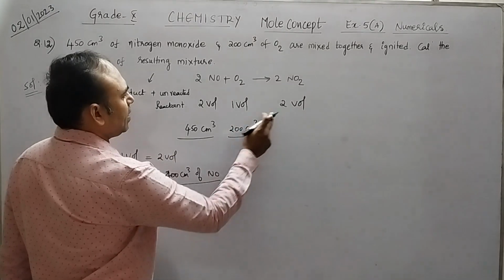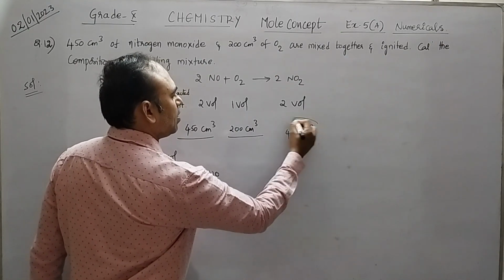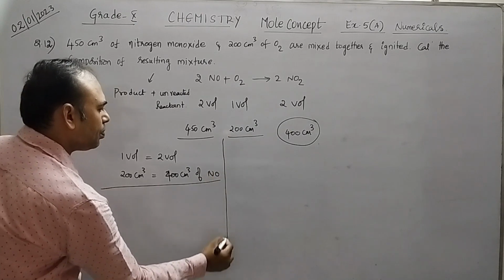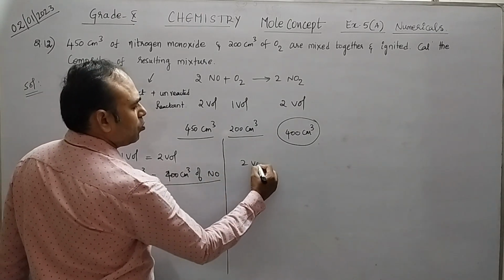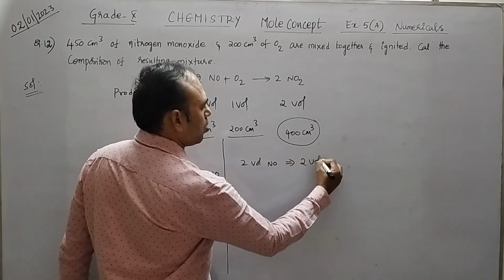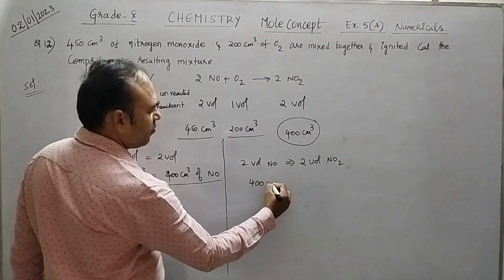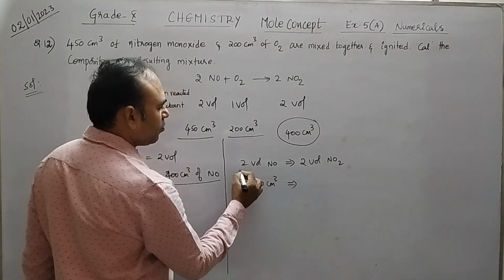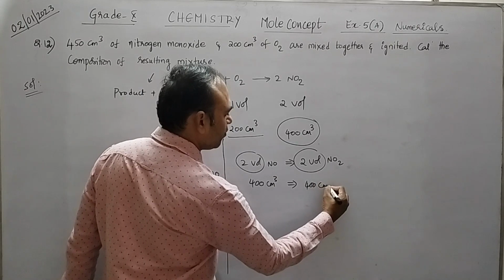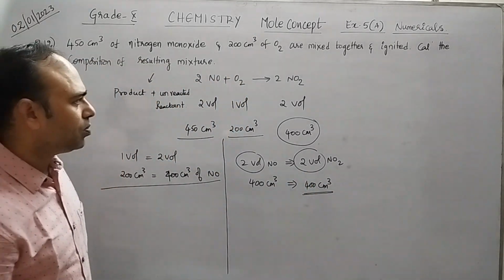And here again 2 volume, so how much will you get? 400 centimeter cube. That also can be calculated like this: 2 volume NO will give you 2 volumes of NO2. Here you have 400 centimeter cube, therefore the same amount is formed, that is 400 centimeter cube.